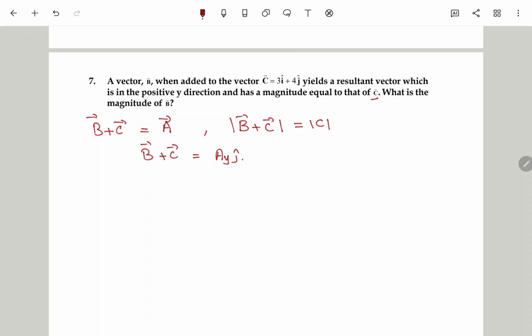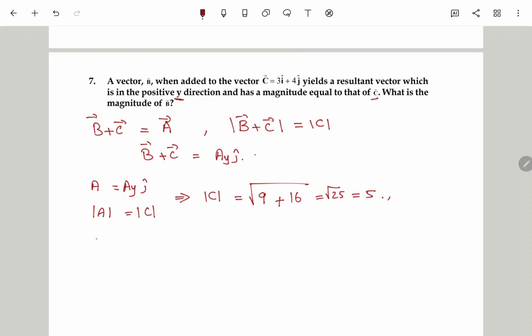This is mentioned in the question: the resultant vector is in the positive y-axis direction, and the magnitude equals that of vector C. So A equals Ay j hat, and the magnitude of vector A is the magnitude of vector C. Now, C equals 3i plus 4j, so the magnitude is the square root of 9 plus 16, in other words the square root of 25, or 5. So Ay in this case equals 5.